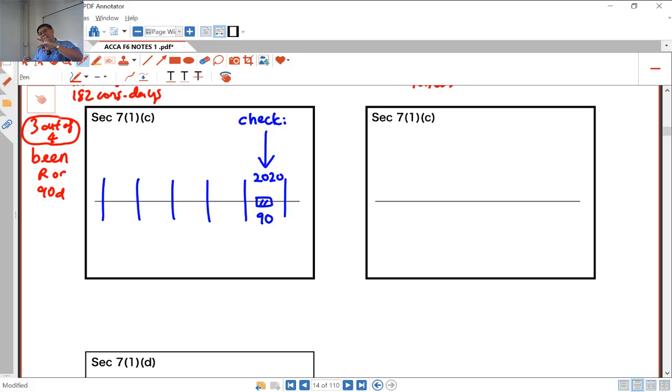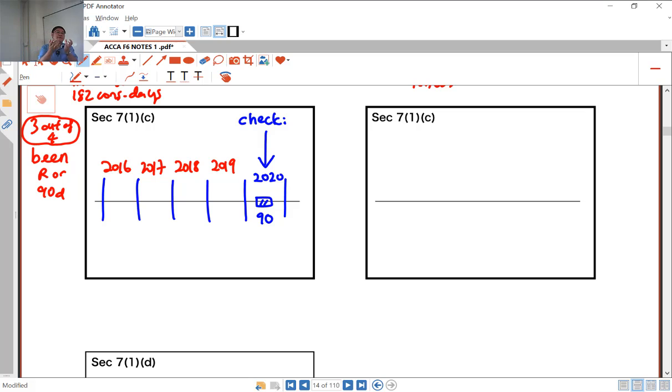Okay, so the 4 years immediately before 2020 are 2019, 2018, 2017, and 2016. And what do you need in those 4 years? You need 3 of them, either a resident or 90 days.